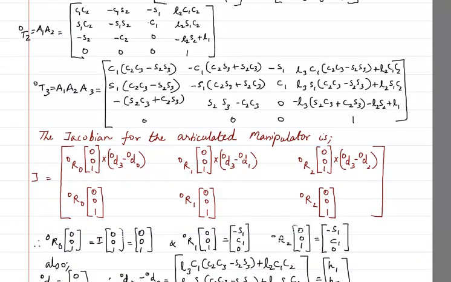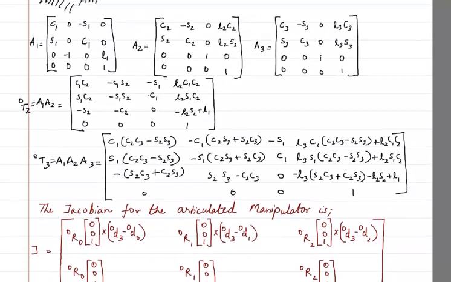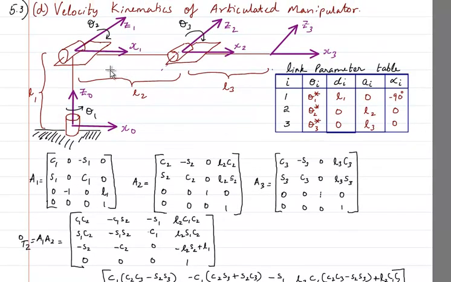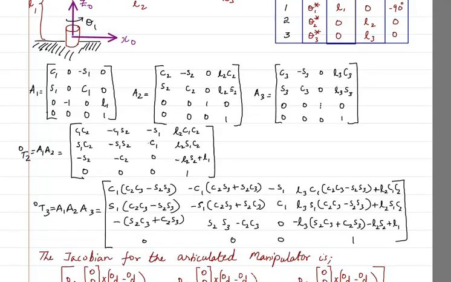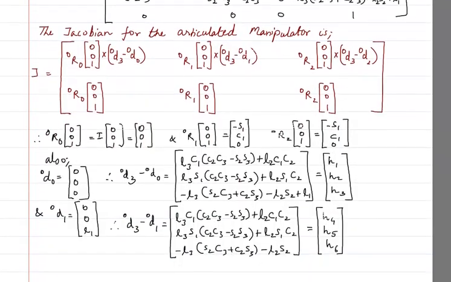Now, how to write the Jacobian of the articulated manipulator? The articulated manipulator that we have here has three revolute joints, 1, 2, 3, all of them revolute with joint variables theta 1, theta 2, theta 3. Since it's a revolute joint, I will write all three cases of revolute joint.